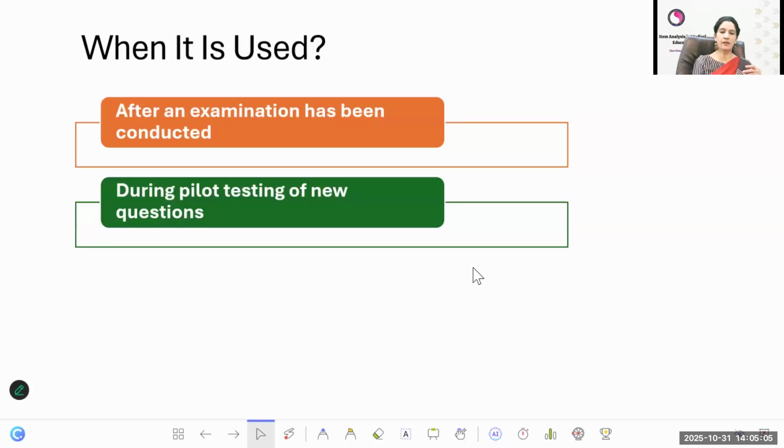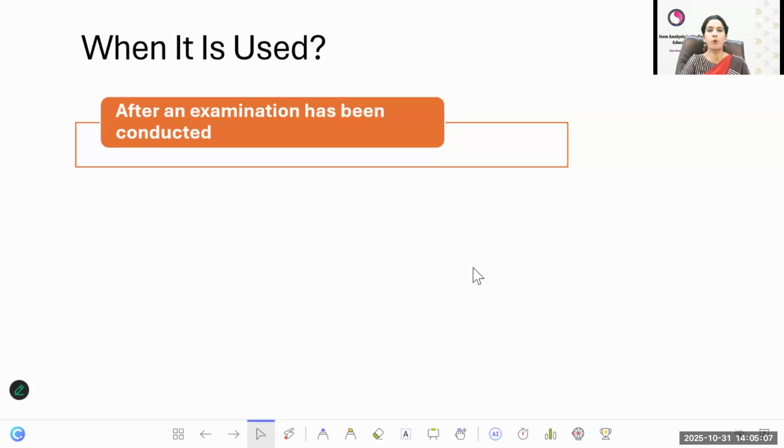Again, if I ask this question, what is the point of conducting item analysis if you have conducted the test? Anyone? You can write in the chat box or you can unmute and answer also. What is the point of conducting an item analysis once the exam has been over?